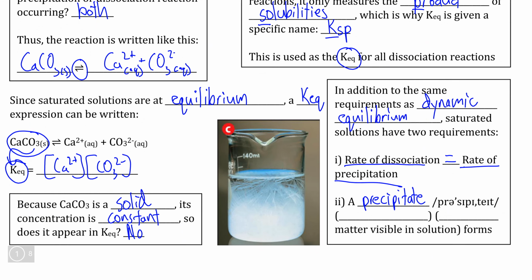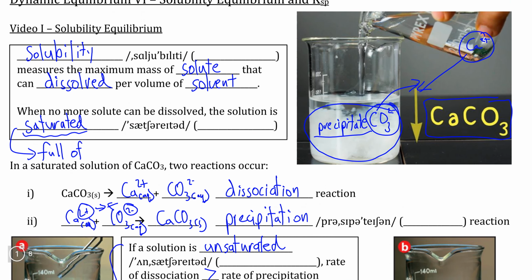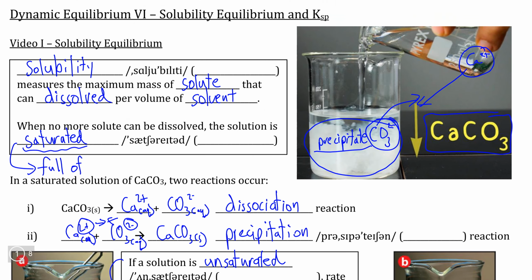So in a dynamic solution equilibrium, we know that our rate forward must be equal to our rate reverse, which means the rate of dissociation and rate of precipitation must be equal. And in order to have the rate of precipitation at all, that must mean that we must have a visible precipitate within solution, because if we don't, that means that there is no precipitation.